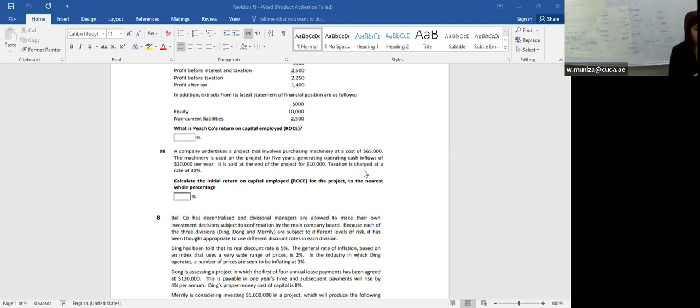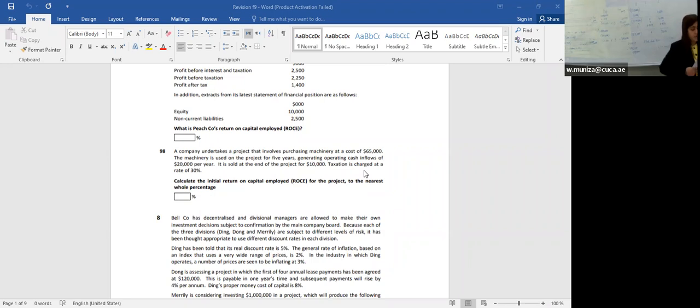A company undertakes a project that involves purchasing machinery at the cost of 65,000. The machinery is used on the project for 5 years, generating operating cash inflows of 20,000 per year. It is sold at the end of the project for $10,000. Taxation is charged at the rate of 30%.